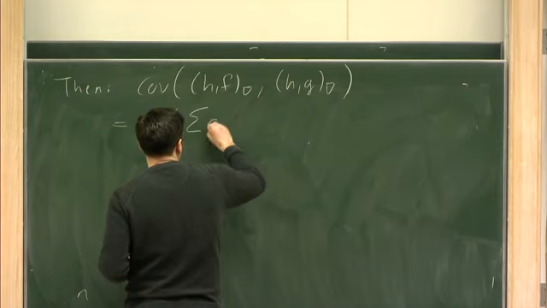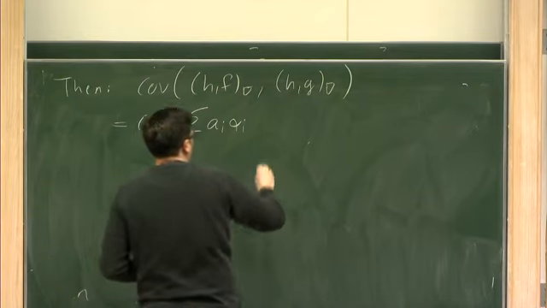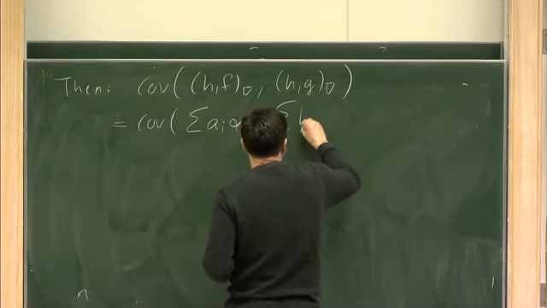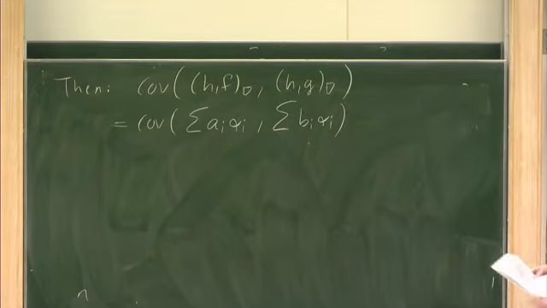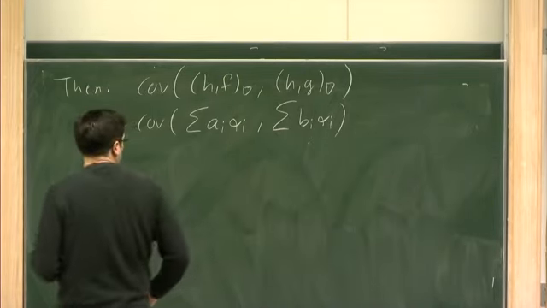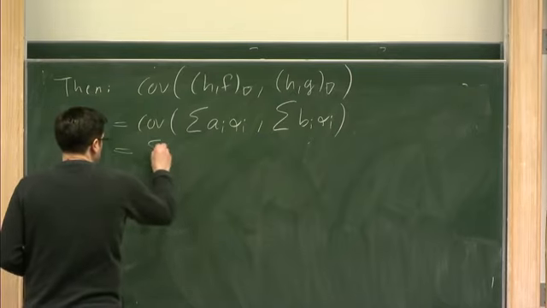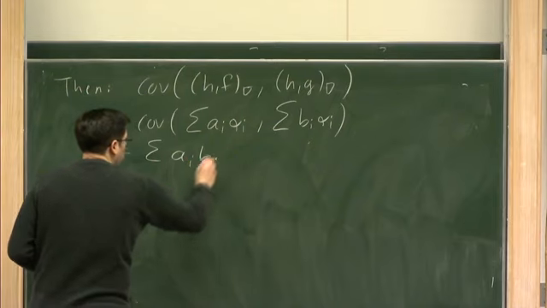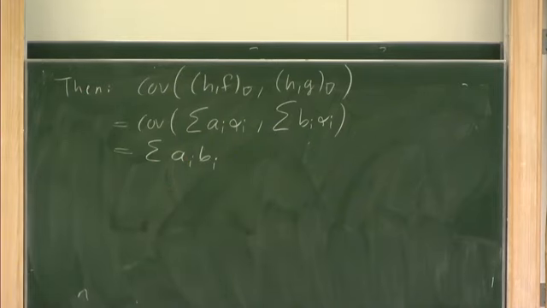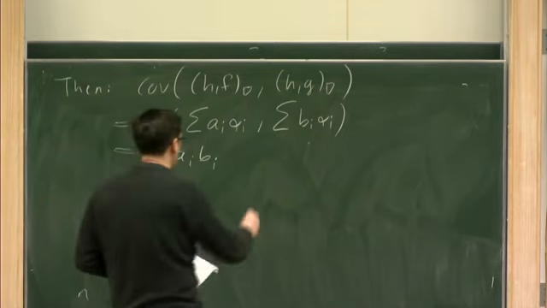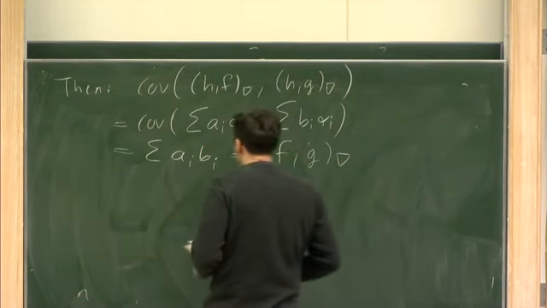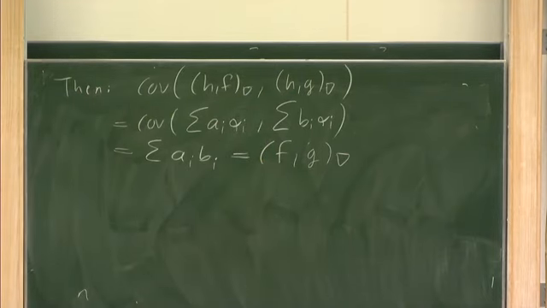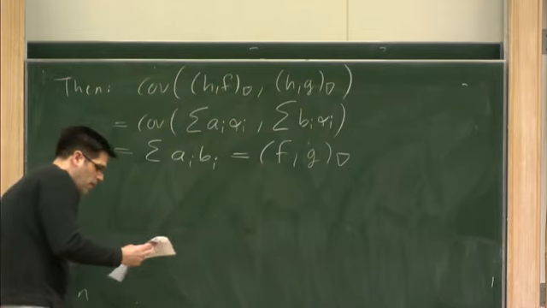So you have ai times alpha i for the first one, and similarly for the second one, you have bi times alpha i. Because the alpha i's are IID normal 0, 1, this is the same thing as the sum of ai times bi, because all of the cross terms are just going to cancel. And this is the same thing as the inner product of f with g. Okay, and this is the starting point of getting the covariance function for the heights of the discrete Gaussian free field at different points.